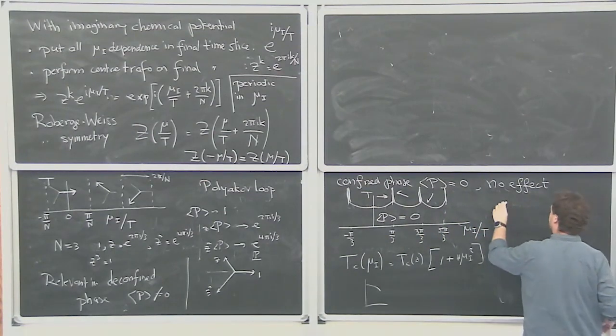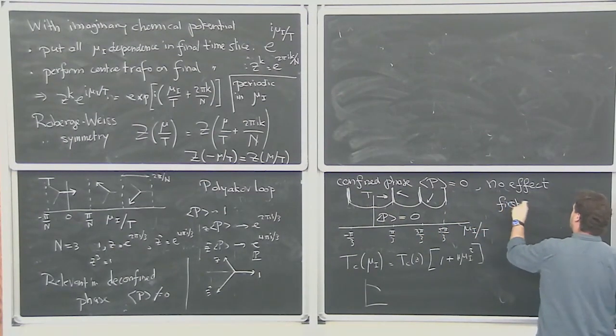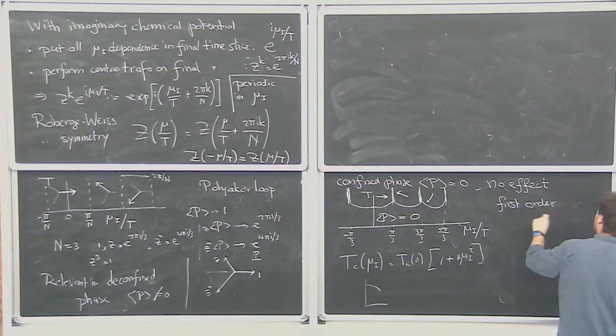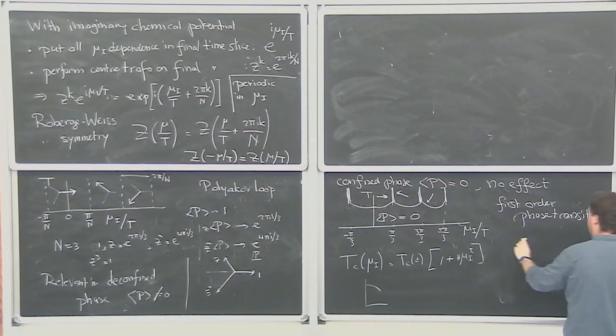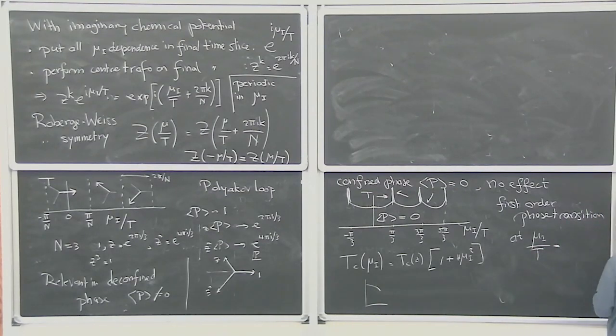So it's a first order phase transition at mu I over T is 2n plus 1 times pi over 3, is that right?